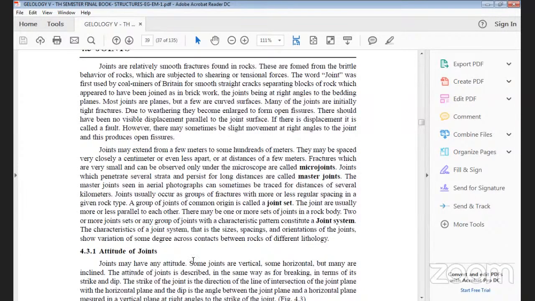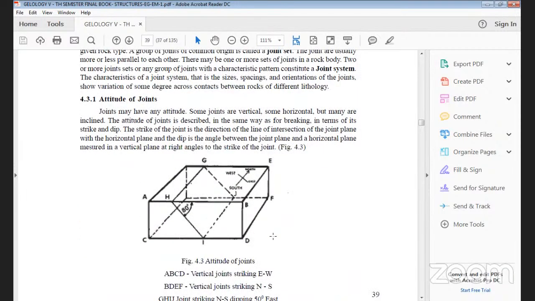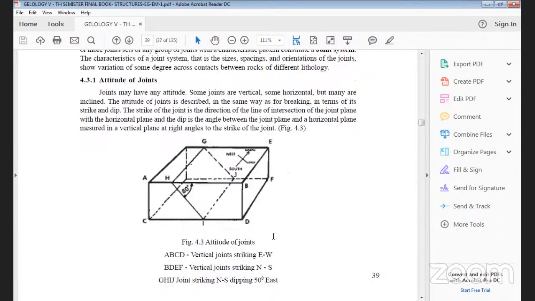The characteristics of joint systems depend on their size, spacing, and the arrangement and orientation of the joints. They show some variation across contacts between rock formations, depending on their different lithology. Here you see the attitude of joints. The joints A, B, C, D, E, F are vertical joints.